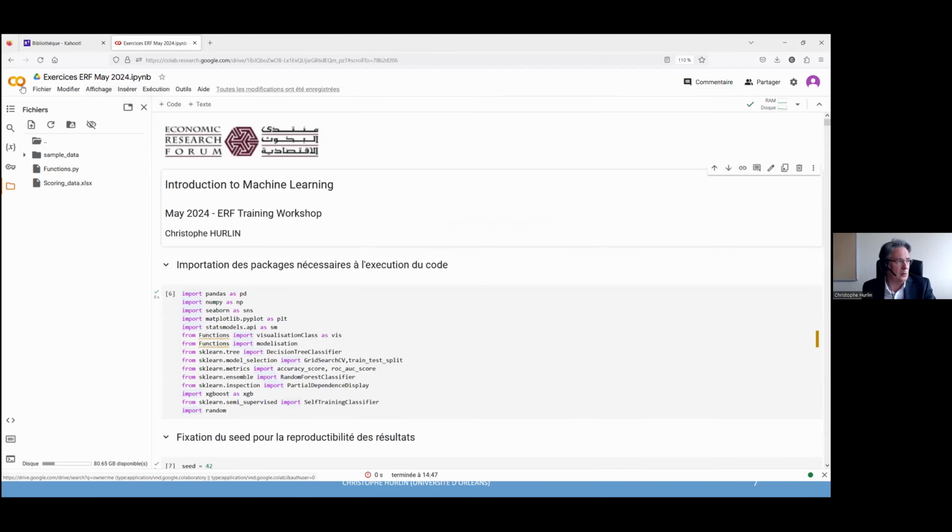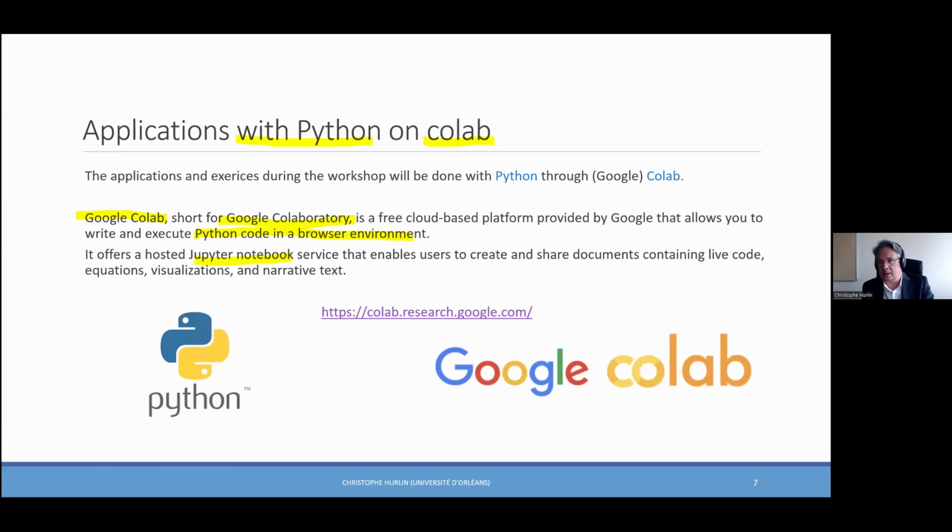This is the logo of Google Colab. And so you just have to be logged in with your Google account. I think that we will use Colab maybe tomorrow or next week.